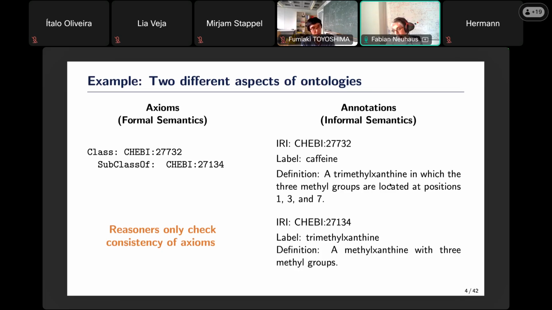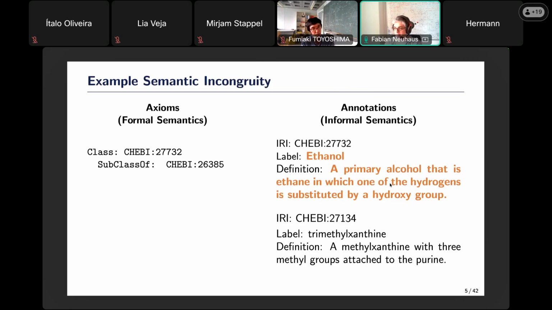Just to illustrate, assume I hack into ChEBI and sabotage it and replace on the right-hand side the label for caffeine by ethanol and adjust the definition accordingly: a primary alcohol, that is ethane, in which one of the hydrogens is substituted by a hydroxyl group.